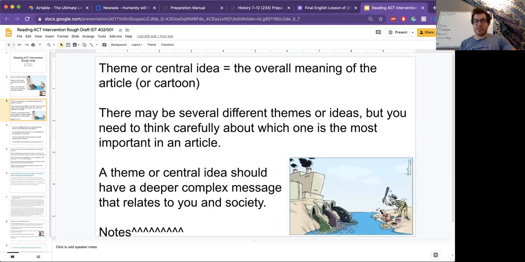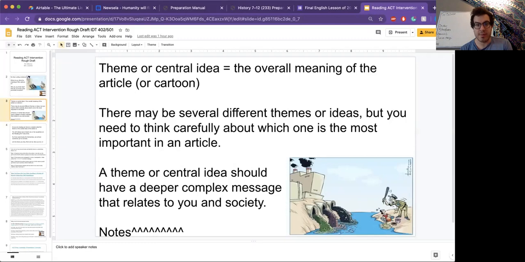There are a lot of different ideas within this cartoon, but I want to think about the central idea or the big theme. So it's taking the overall message of this cartoon, not just one particular message. So we want to look at the overall idea. I think that's the key. We try and get the whole thing instead of just one element or one aspect. Because realistically, yeah, this is totally about environmentalism.